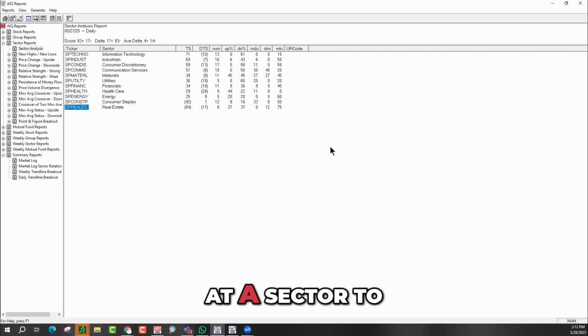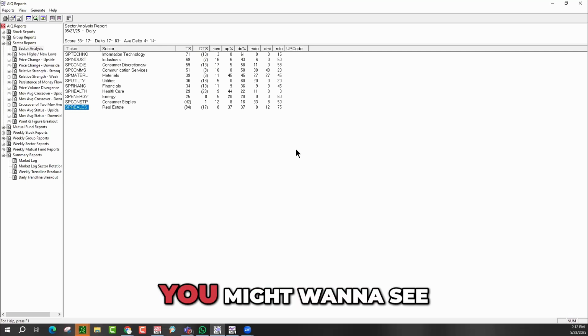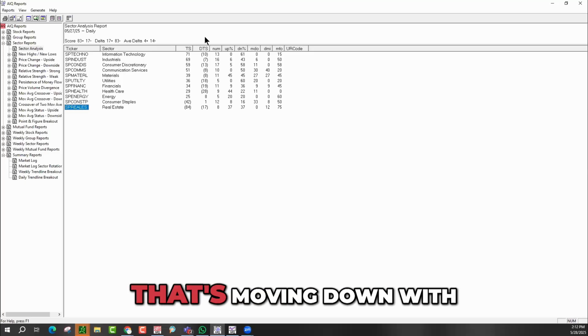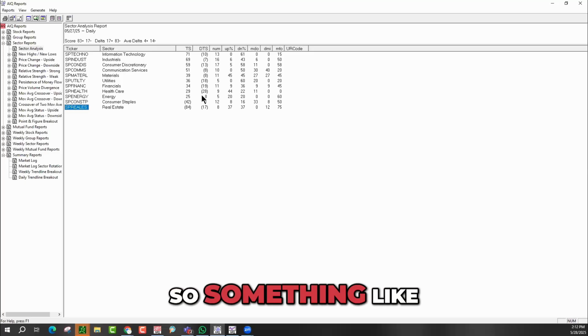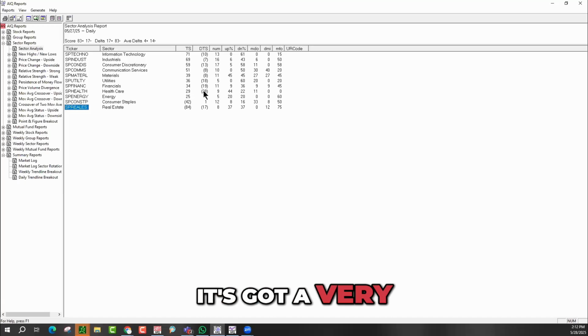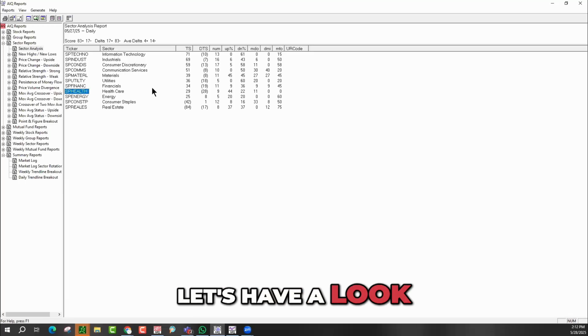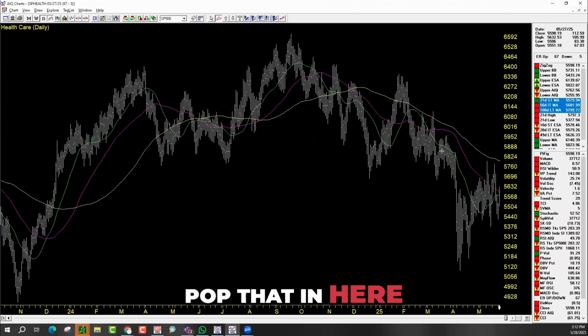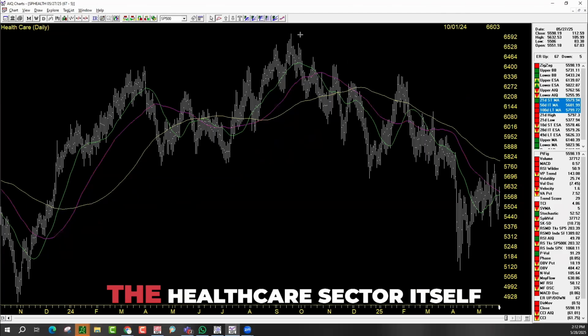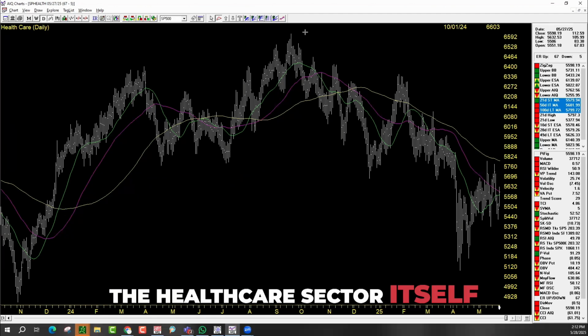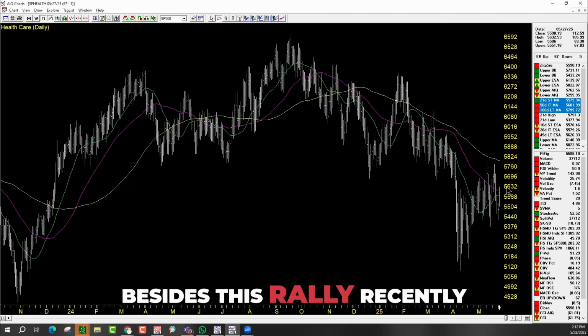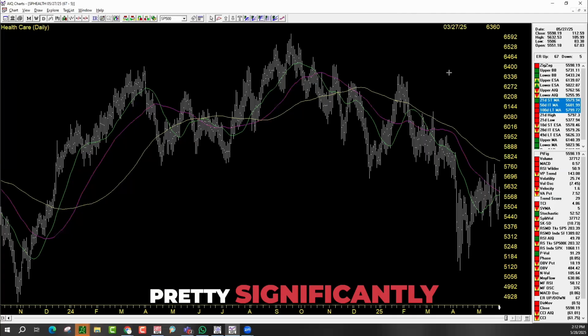If you were thinking to have a look at a sector to go short, you might want to see one of the sectors that's moving down with the greatest momentum. Something like the healthcare sector here has a very strong delta, which means it's moving down quite sharply. But let's have a look at that real quickly. Pop that in here. What's happened is, compared to the price chart we saw on information technology, the healthcare sector itself, besides this rally recently, has been coming down pretty significantly.